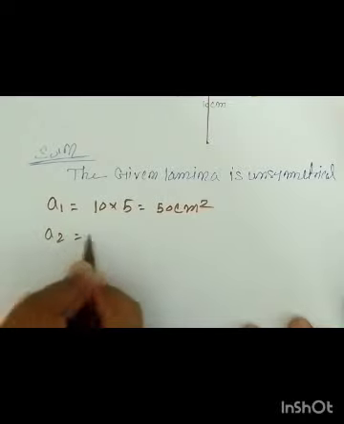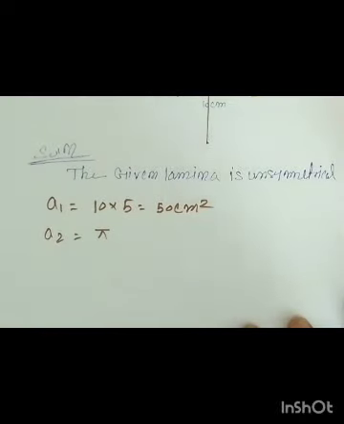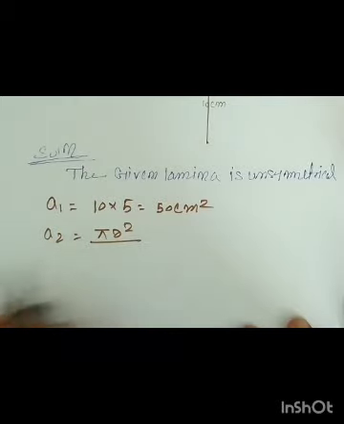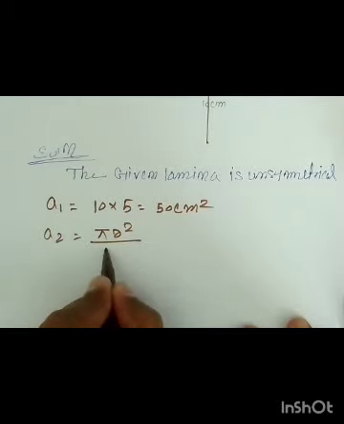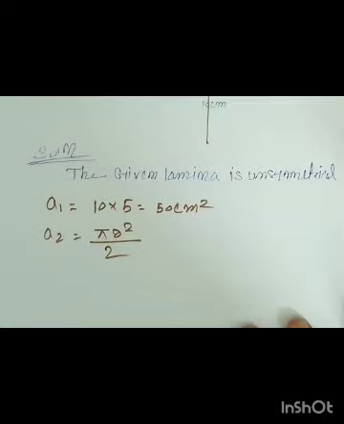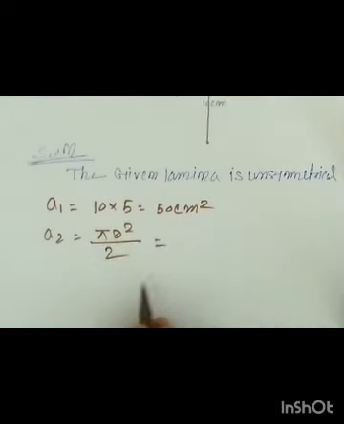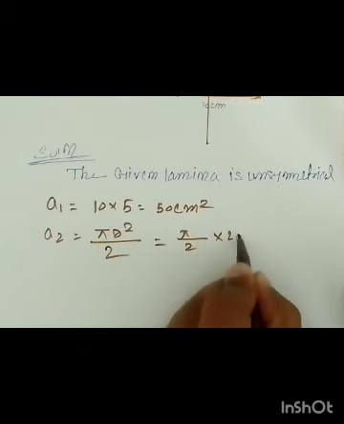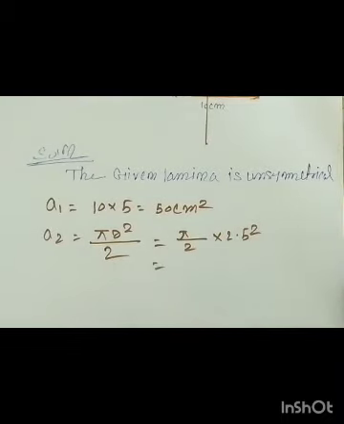And A2 is equal to pi r square by 2, right? Pi r square by 2. Then you can say pi by 2 into r, which is 2.5, squared.